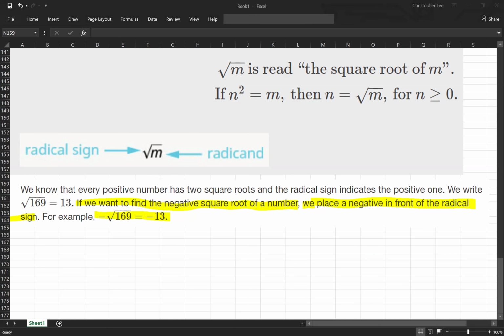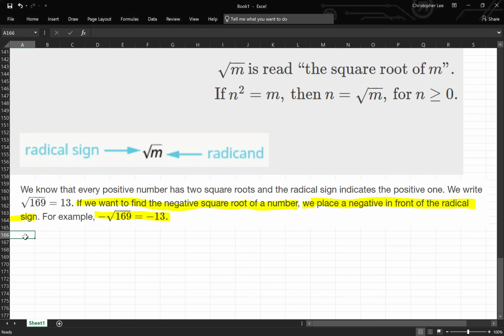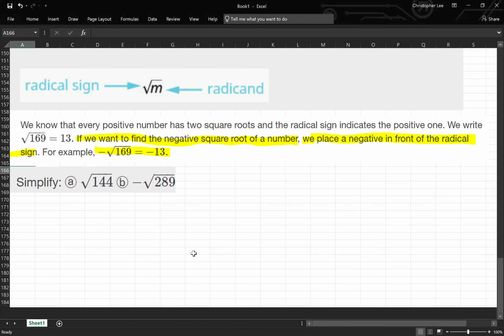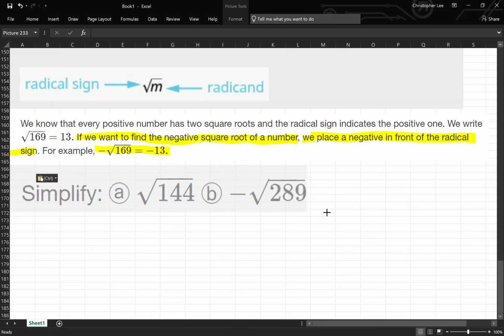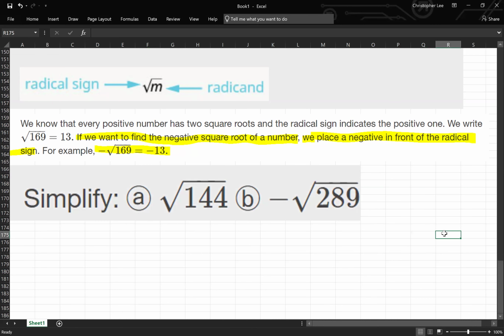Let's try these out. So, what's the square root of 144? Right?